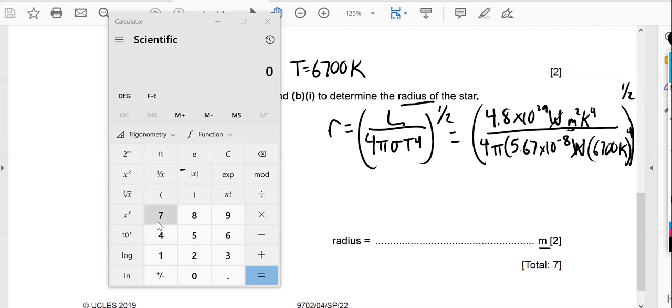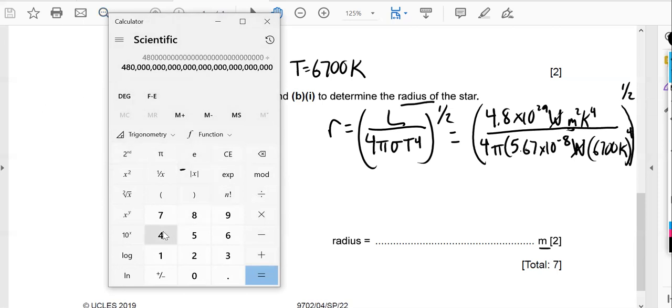All right, let's start with our numerator, 4.8 by 10 raised to the 29. I like to just type it in the way that it looks. I know there's like an EE key or something like that, so I don't have to hit the times 10, but I'm kind of stuck in my ways. All right, now I'm going to start dividing by 4 pi, dividing by the Stefan-Boltzmann constant.